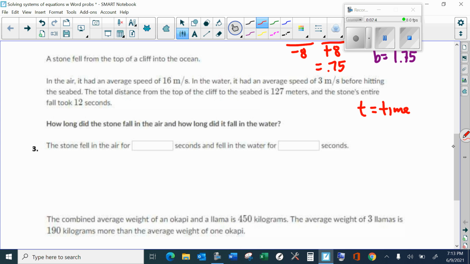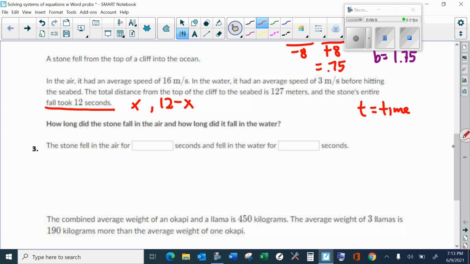So we know that if it was X seconds, the total amount of time was 12 seconds, right? So one is X, and the other has to be 12 minus X. That adds to 12 seconds.